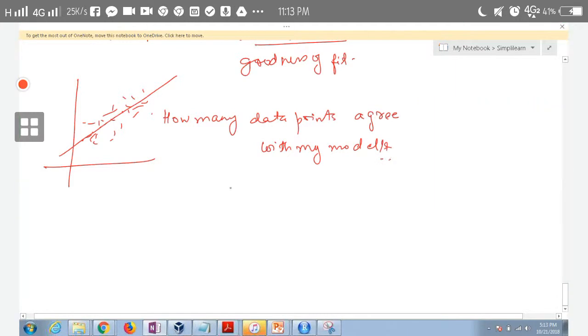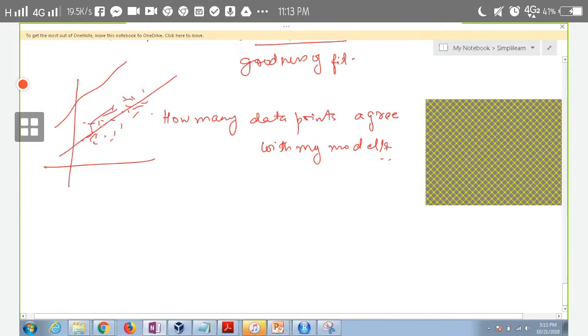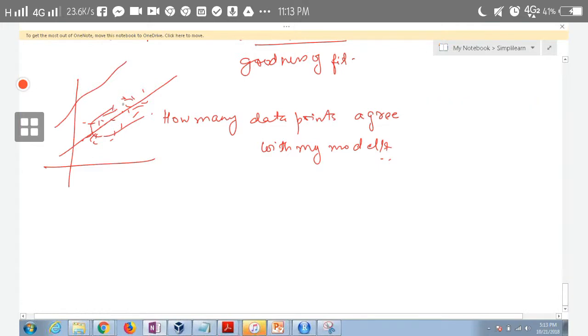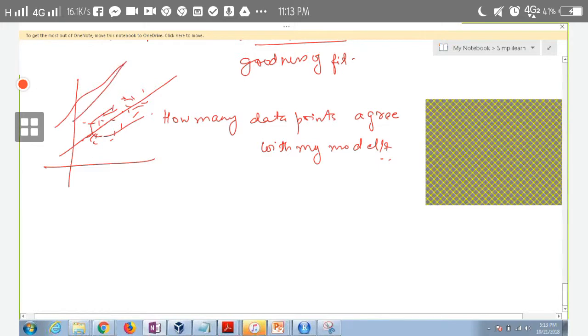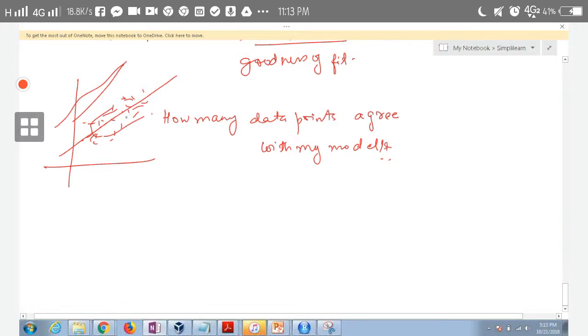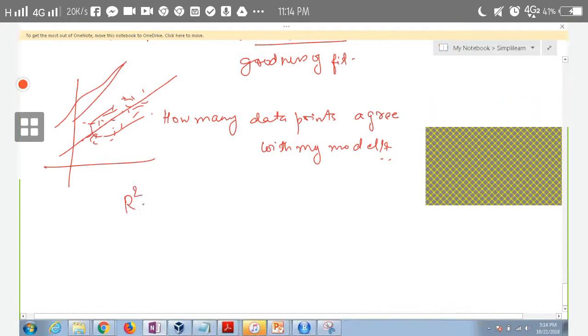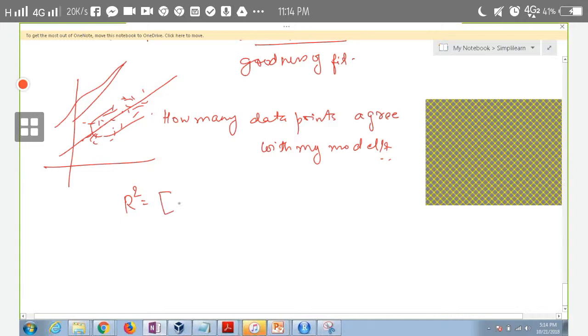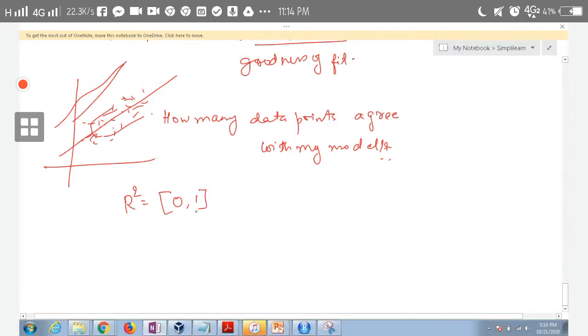You created a model and said, I'll create a model which goes through here, I don't care about these data points. That doesn't work, right? It has to satisfy most of the data points. That is why R square value ranges between 0 to 1, both included.